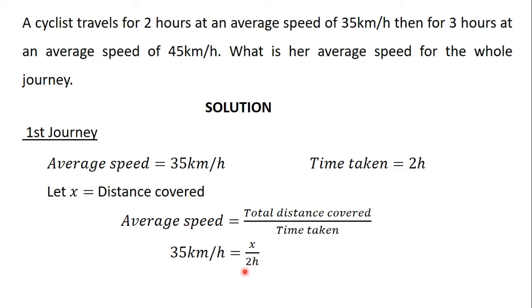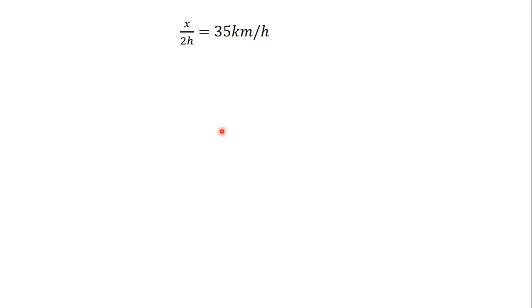So we can find x in this equation. We have x divided by 2 hours is equal to 35 kilometers per hour. It's the same as 35 kilometers per hour is equal to x divided by 2 hours. Let's find x. You multiply the left hand side by 2 hours, and the right hand side by 2 hours. So 2 hours and 2 hours cancel each other out.